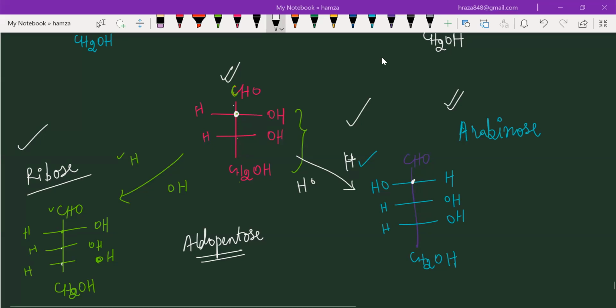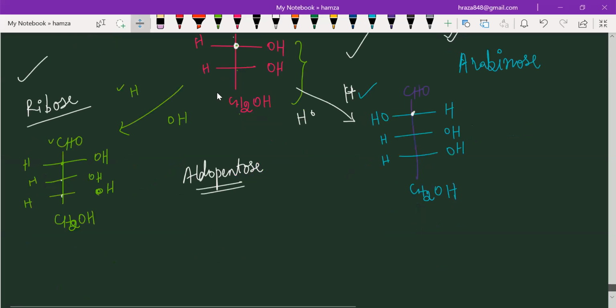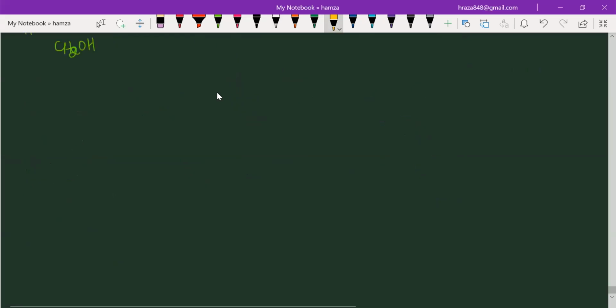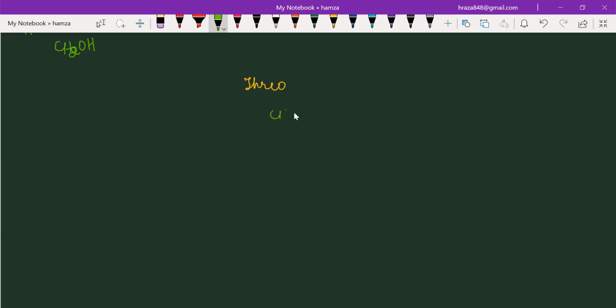Very good. Alia and Nafisa. Yes, sir. Okay, so we just derived ribose and arabinose from erythro. Now we are going to derive from threo, and you already know the structure of threo. Threo has a structure that is CHO and then H on the right hand side, OH on the left hand side, OH on the right hand side, H on the left hand side, and then CH2OH.